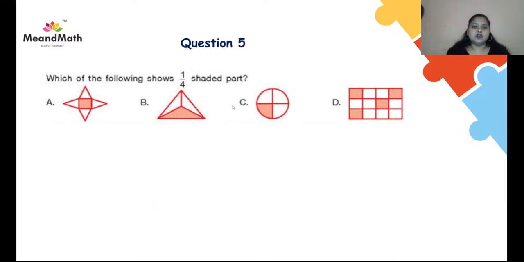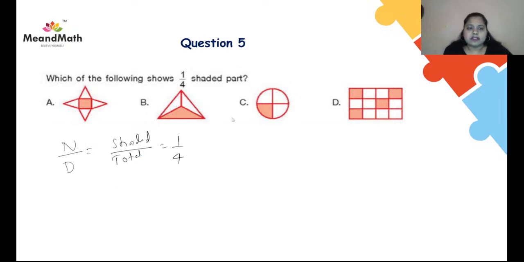So the question reads, which of the following shows 1 by 4 shaded part? Now it is similar to what we saw previously: the shaded part by the total number of parts should be 1 by 4 here.